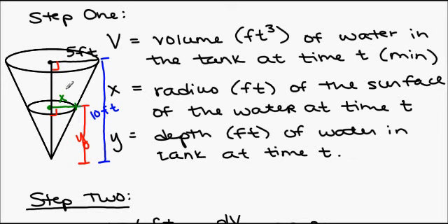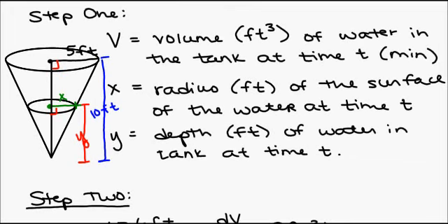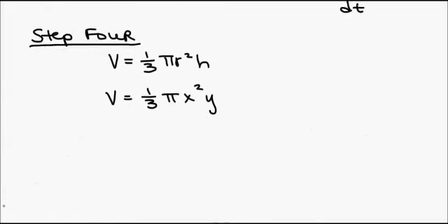These are similar triangles. You may remember learning about similar triangles in geometry. If you don't, since the segment in the middle is parallel to the segment up top, these are automatically similar triangles. And I can write proportions to relate similar triangles. So that's what I'm going to do.